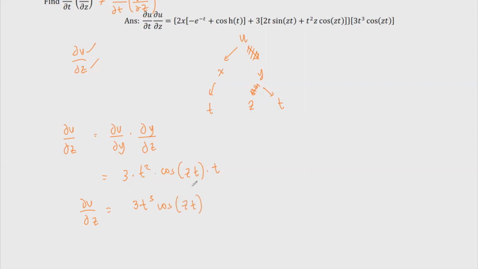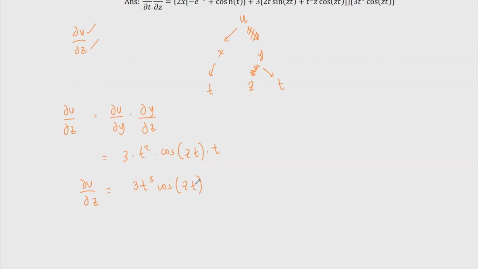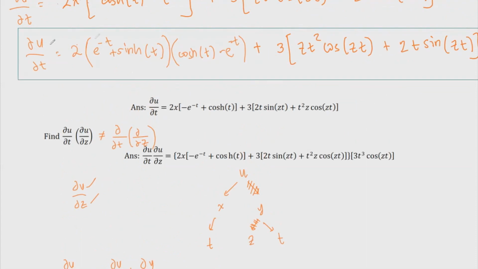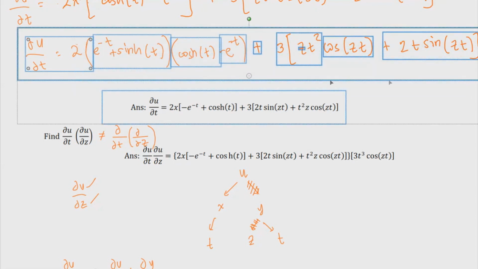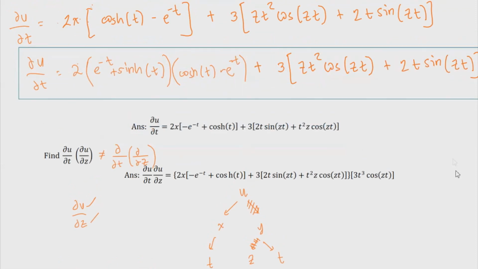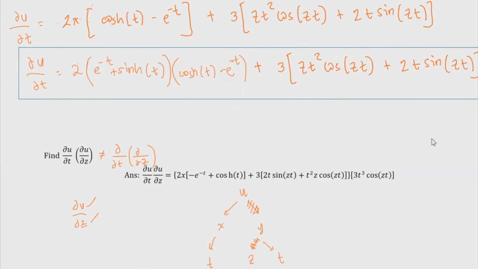Now, this is not yet done because we need to take this expression and multiply it with our 3t cubed cosine zt. We've already obtained this expression, the derivative of u with respect to t. So let's just copy that. And then we could just multiply it with our expression. I'll just be removing this.